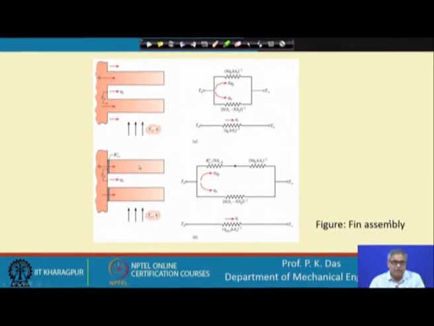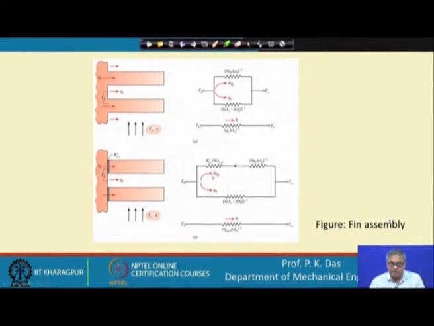But another thing I have told you is that this is an integral fin, made from the same material, and the base surface has been made with it. That means I have to take away this much costly material, and sometimes we cannot permit this. So, we have to separately attach the fin. If I separately attach the fin, obviously there will be some thermal resistance, because I am attaching one material with another material.